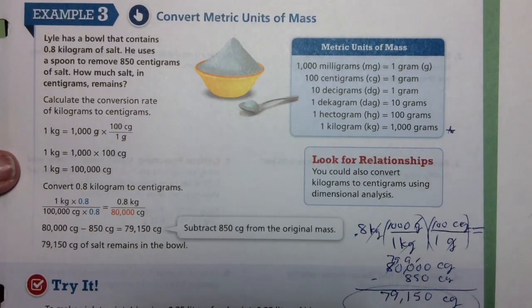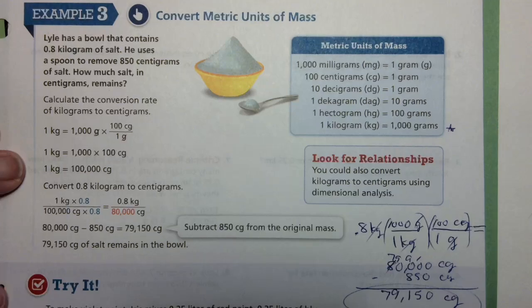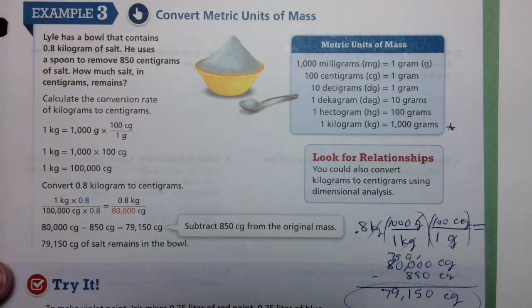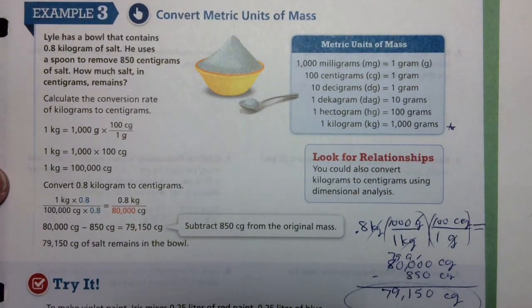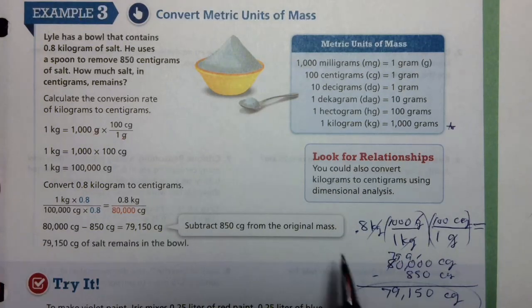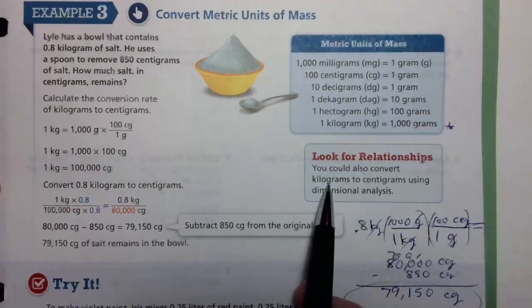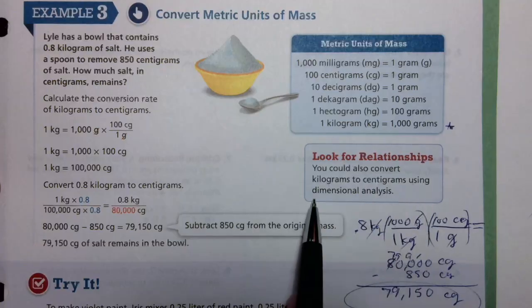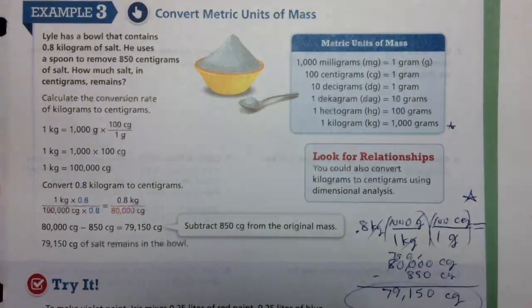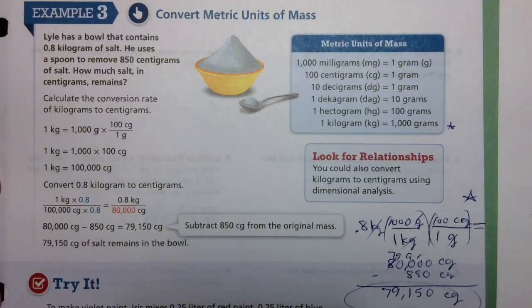And there's your answer. Same thing they got over here, just done my way with dimensional analysis. Now, you see right here where it says look for relationships? You could also convert kilograms to centigrams using dimensional analysis. This is what we did right here, was dimensional analysis.